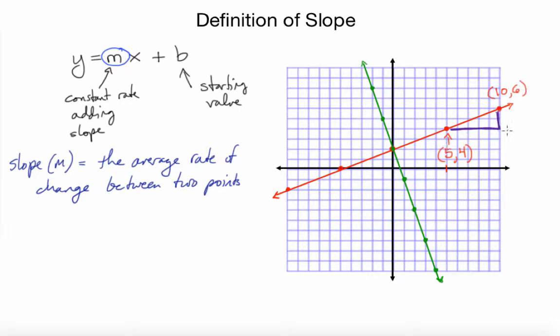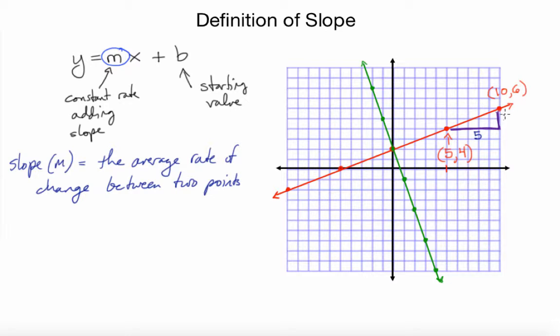So how much change has happened between those 2 points? Well, if I quantify it, it looks like it went from 5 to 10 along my x values. So we changed by 5 units along my x. So I went over 5. And while that change in my x values was happening, there was also some change in my y values. I went from 4 to 6 in my y values.